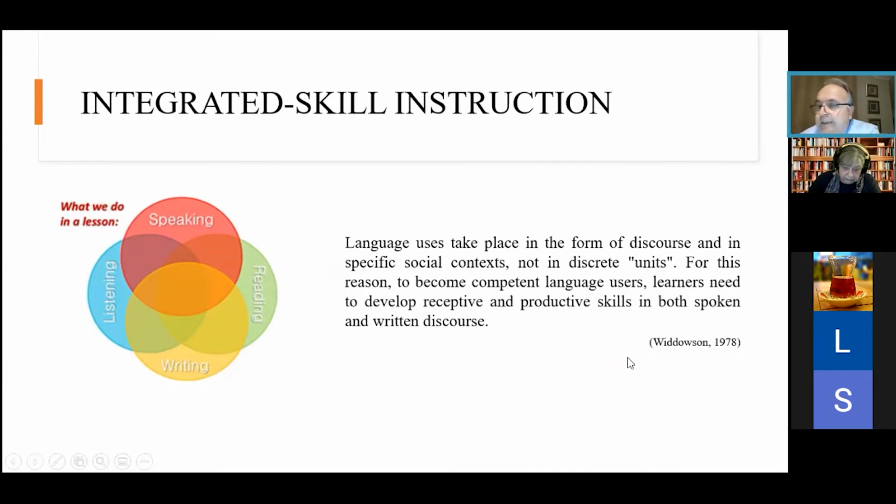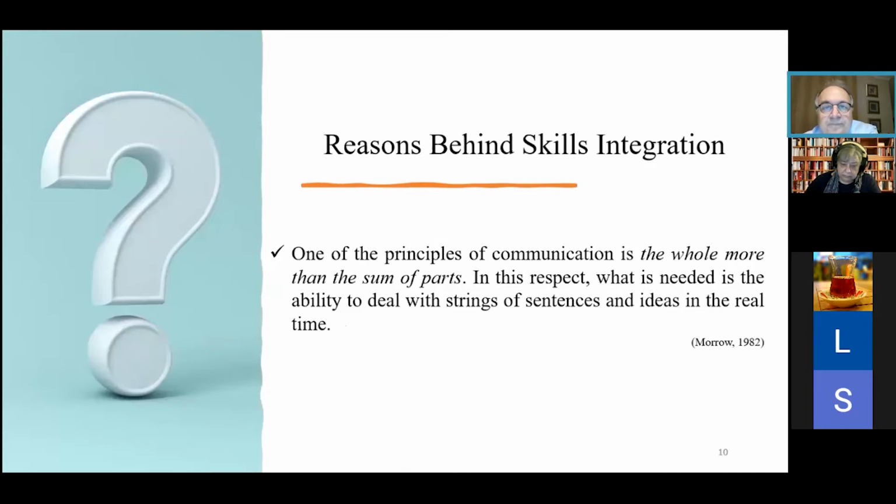So, in the following slides, I would like to talk about some reasons why we have to integrate our language skills. There are some reasons. This is the first reason. One of the principles of communication is that the whole is more than the sum of parts.